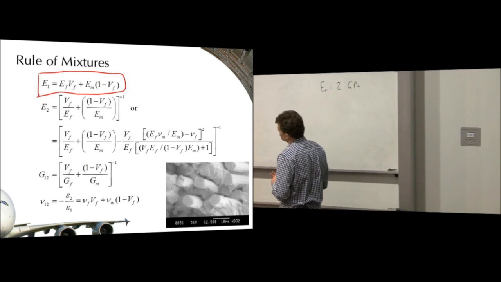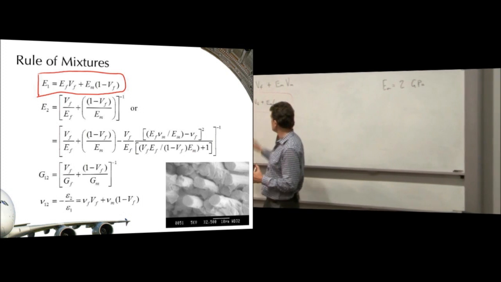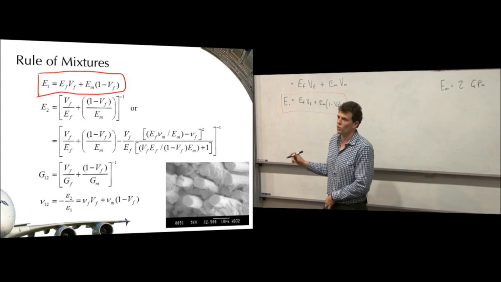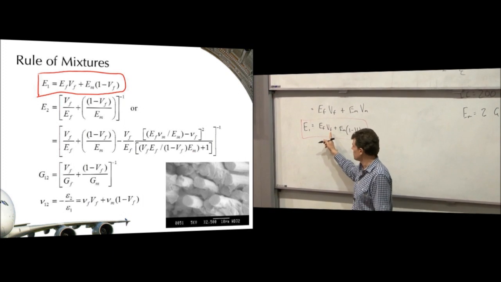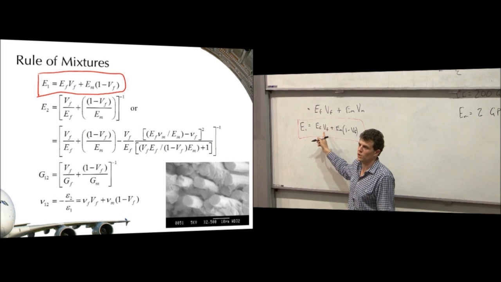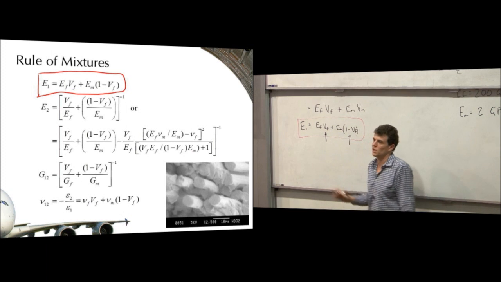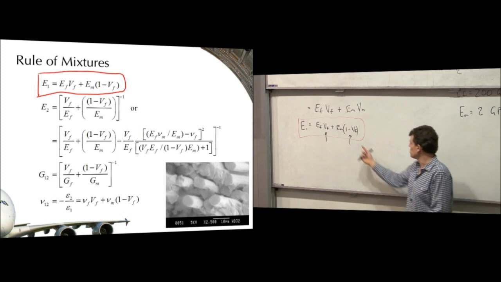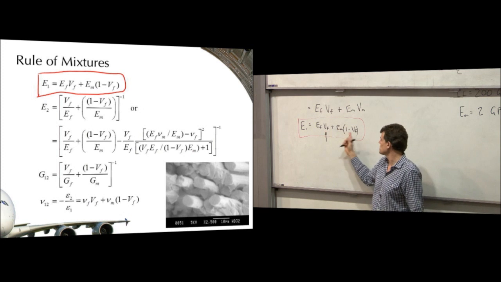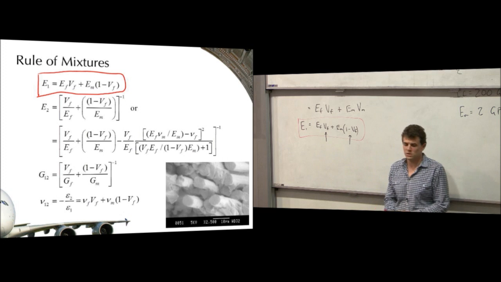I've told you that the fibre volume fractions are somewhere between 1/2 and 1 generally, 60%, 50%, depending on what we're trying to do. So that means that the magnitude of this term and the magnitude of this term are about the same. There's not a huge variation between the size of these two terms, but there's a massive variation between the size of these two terms.